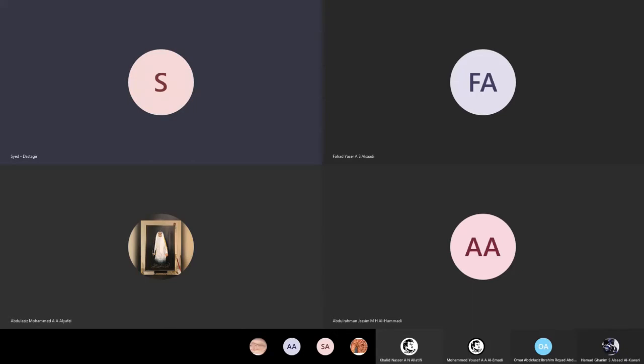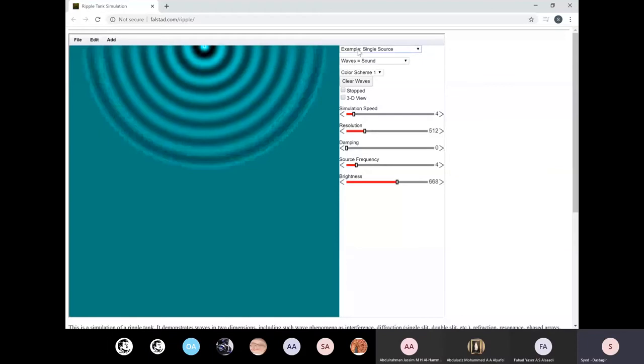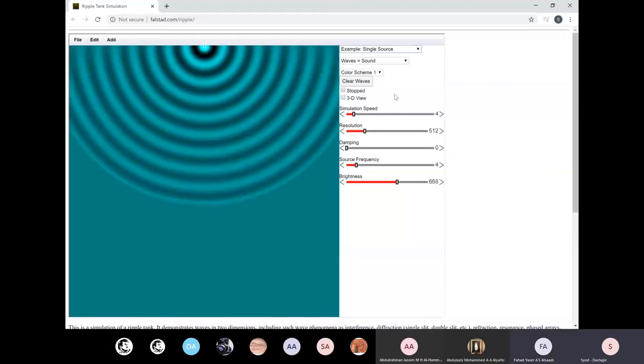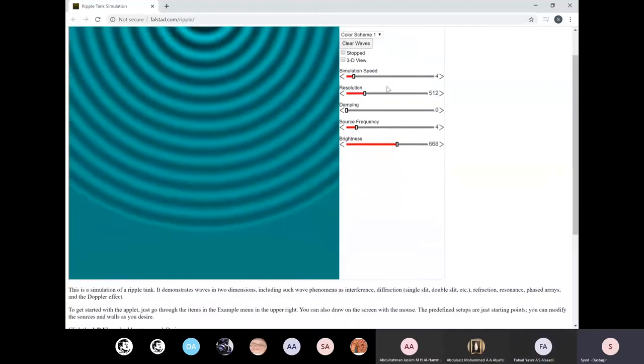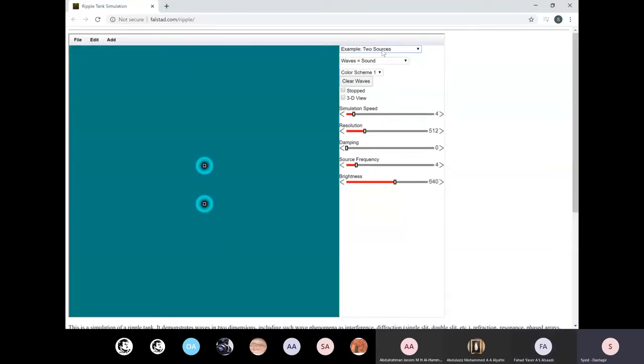Okay, ripple tank. Hopefully everyone can see. Okay, cool. So you can see the waves here. You don't have to worry about these for now, because you can have more than one wave.